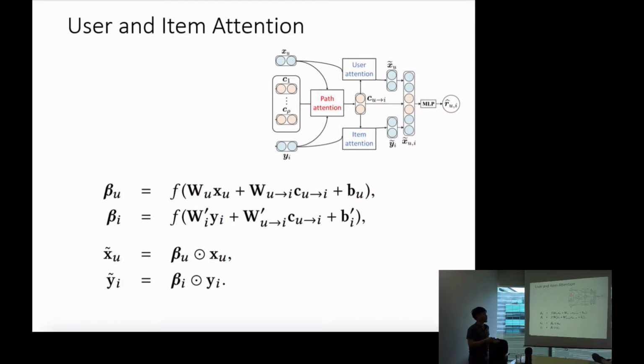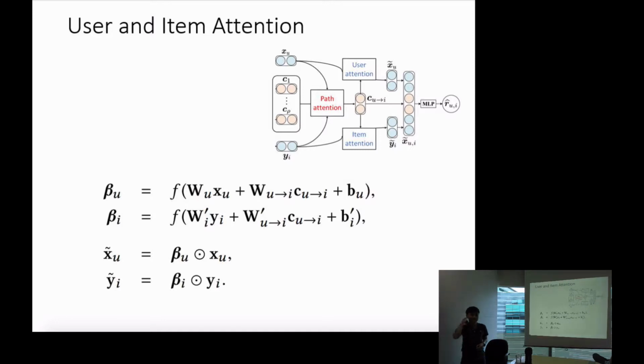We have the embeddings layer, we have path attention, and we have user and item attention. In the end, the final operation stays the same, with the concatenation of the three types of features and an MLP to predict the score.